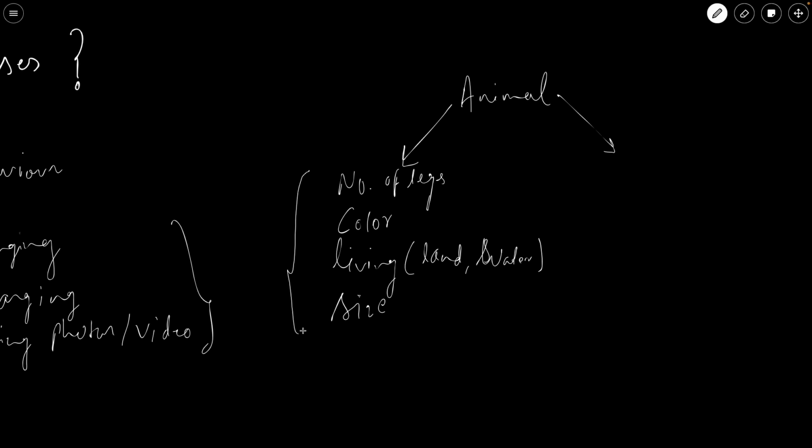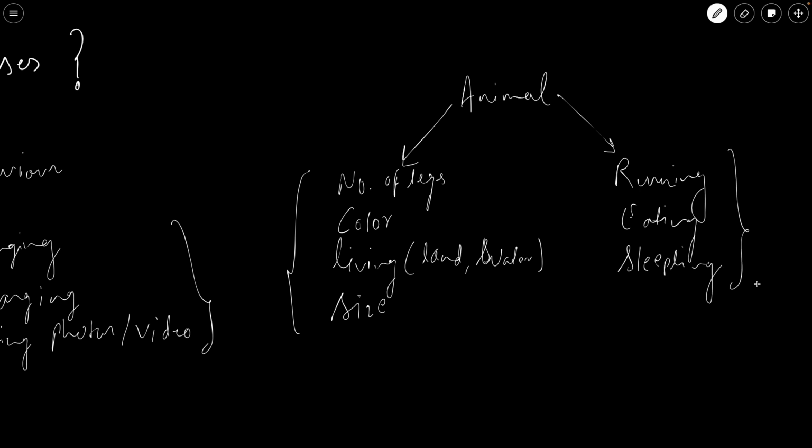These are the properties and the behaviors. So an animal has the behavior of running. Animals can run, obviously. Another behavior could be eating, sleeping, drinking, and so on.